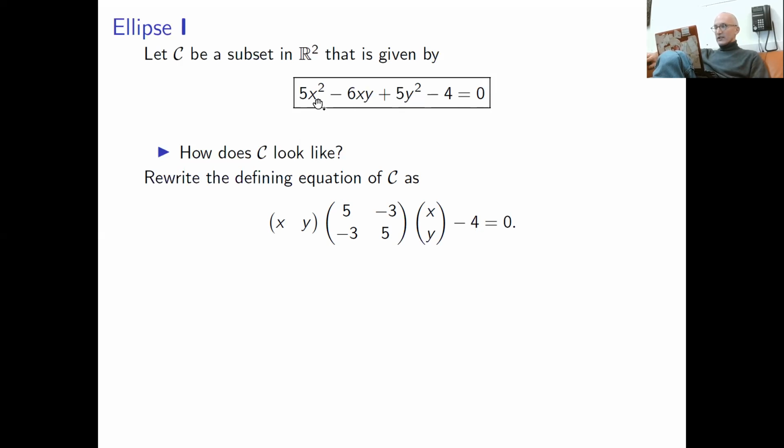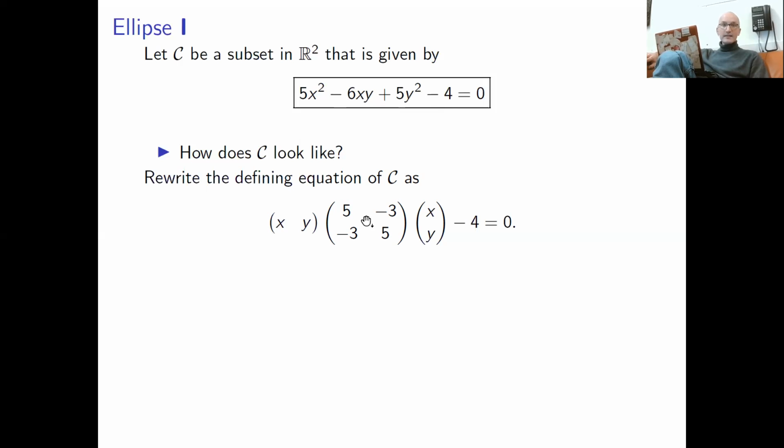Look at what we did here. We have 5x squared, so you put 5 in the first row, first column. 5y squared, you put 5 in the second row, second column. And 6xy, you divide by 2 and you put it in these places, here and here.